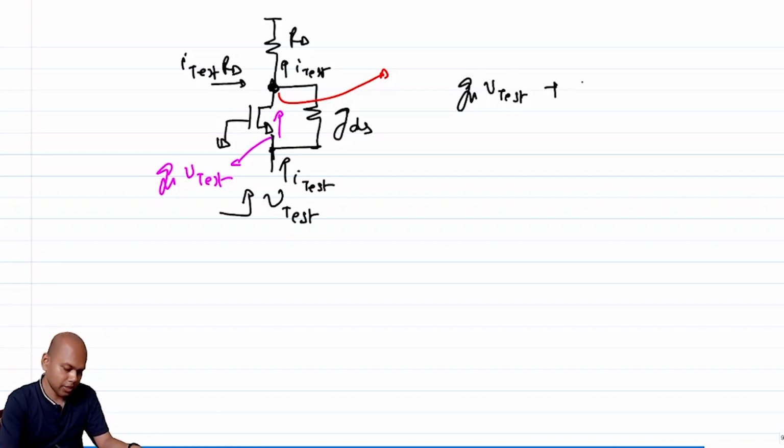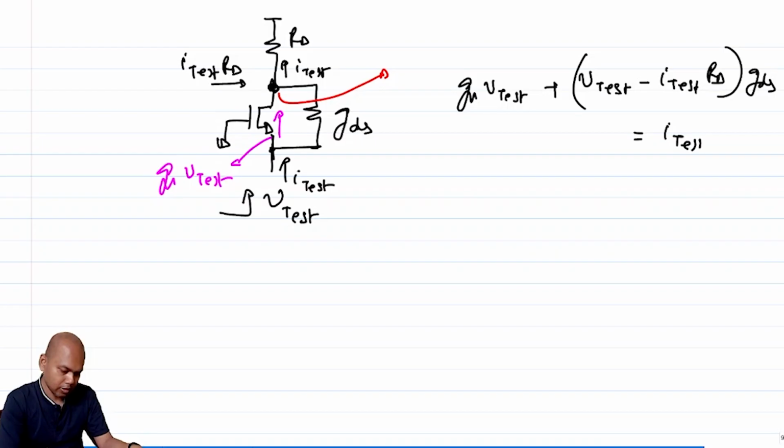The current through the GDS is nothing but V test minus I test times RD, times GDS. This is equal to I test, right? So this is KCL at the drain.